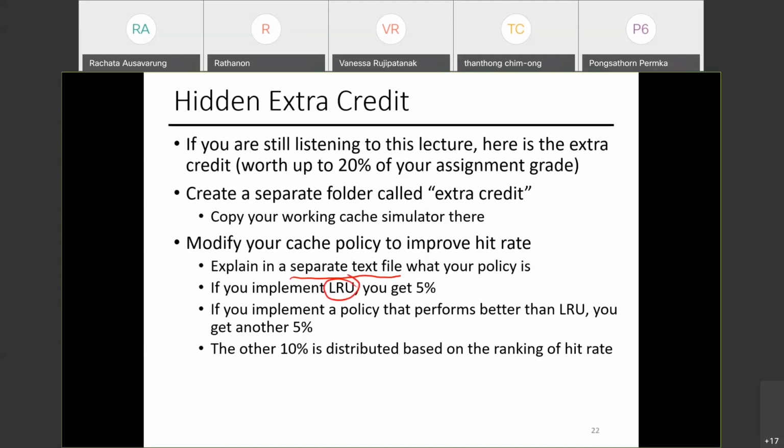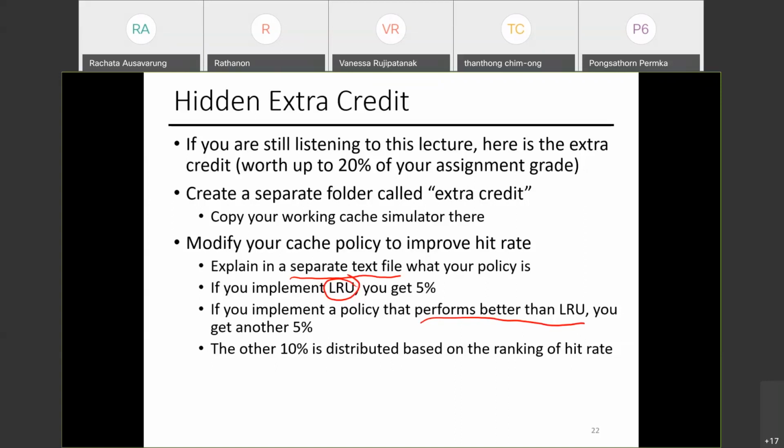The skeleton code actually has a functioning LRU policy built in for you. Then, if you implement something that performs better than LRU, meaning it gets a better cache hit rate and takes fewer cycles in execution time than LRU, you get another 5%.